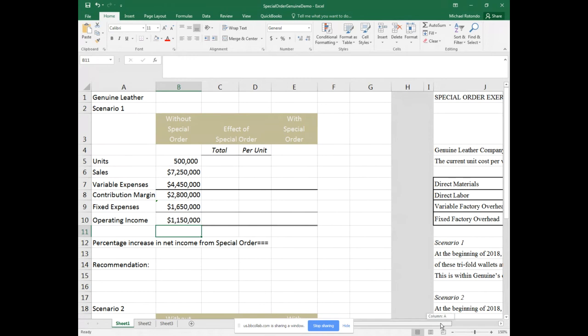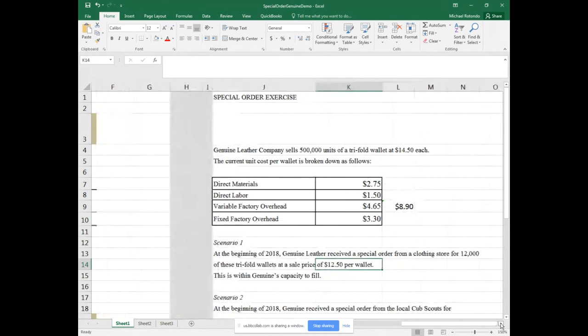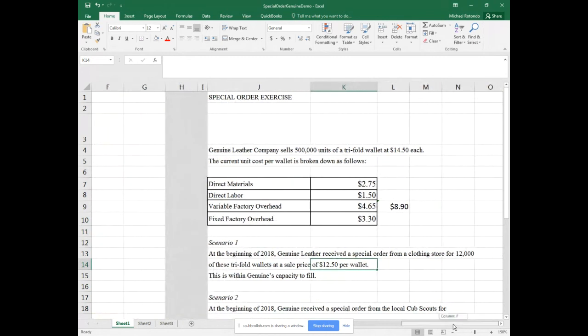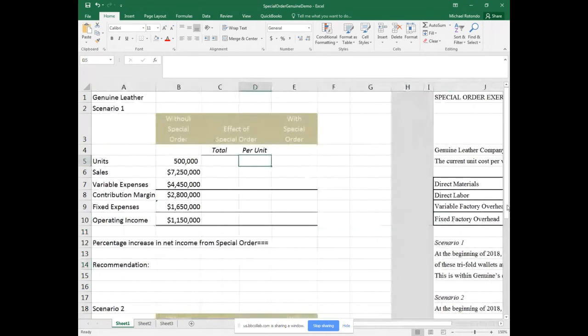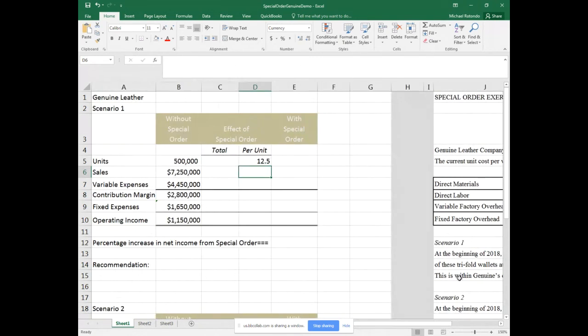They're asking for $12.50 per wallet for 12,000 units. So they're looking for a sale price of $12.50 per wallet, and we know our variable cost per unit is $8.90.